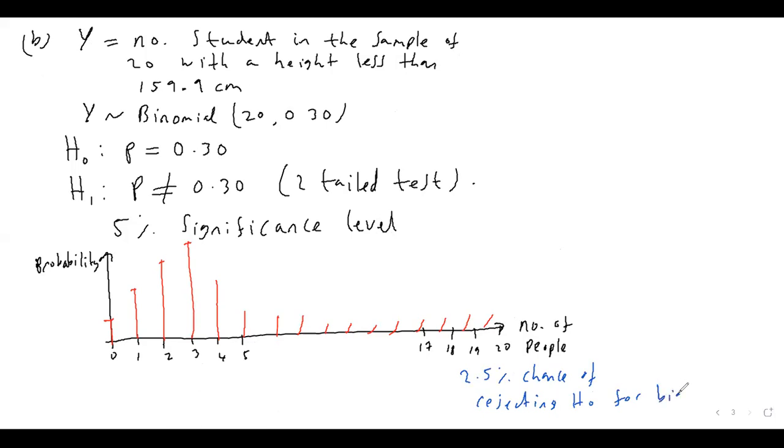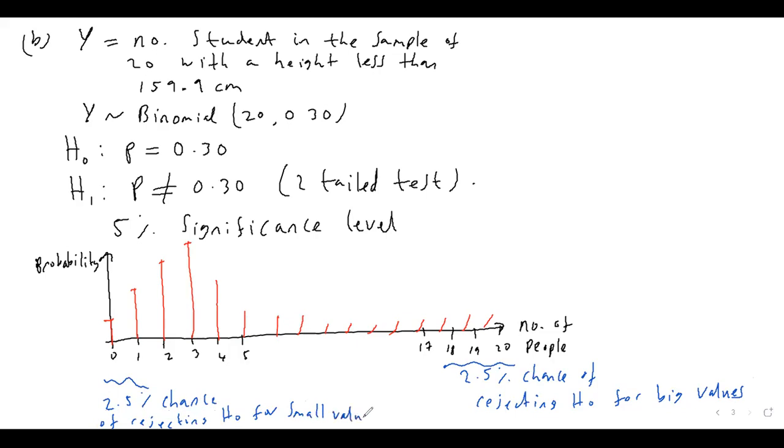So for big numbers of successes, we've got a 2.5% chance of rejecting H0 for small values, like 0, 1, those kinds of small values.